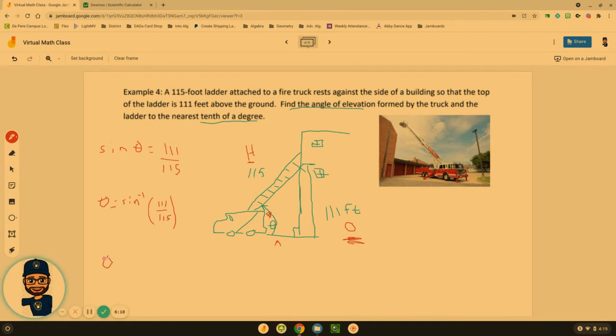So that angle of theta is 74.8 degrees. Meaning the angle of elevation from where we stand on the truck, looking up to where this ladder reaches on the building, is 74.8 degrees.